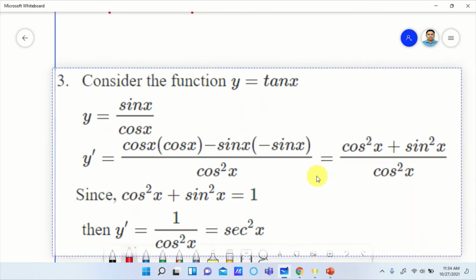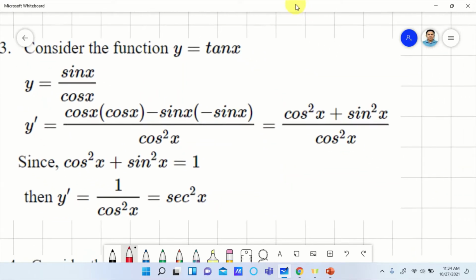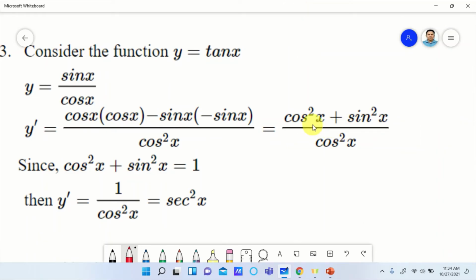Simplifying further, we have cosine squared x, because cosine x times cosine x is the square of cosine x, plus negative sine x times negative sine x, that will give you sine squared x, all over cosine squared x.